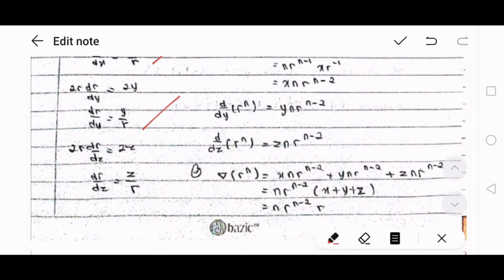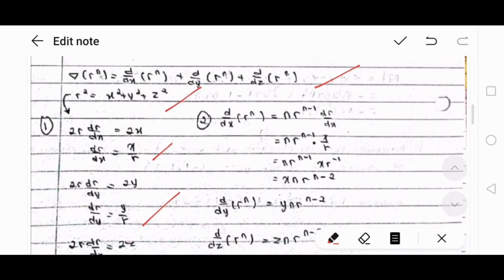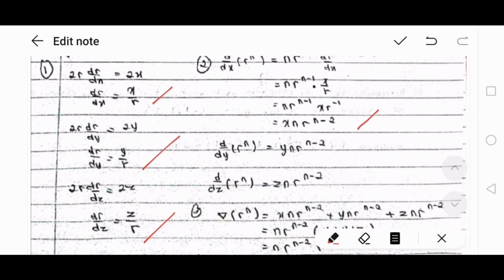Differentiating in terms of z, we get dr over dz equal to z over r. Then we differentiate r to the power of n in terms of x, we get xn r to the power of n minus 2. In terms of y, we get yn r to the power of n minus 2. In terms of z, we get zn r to the power of n minus 2.